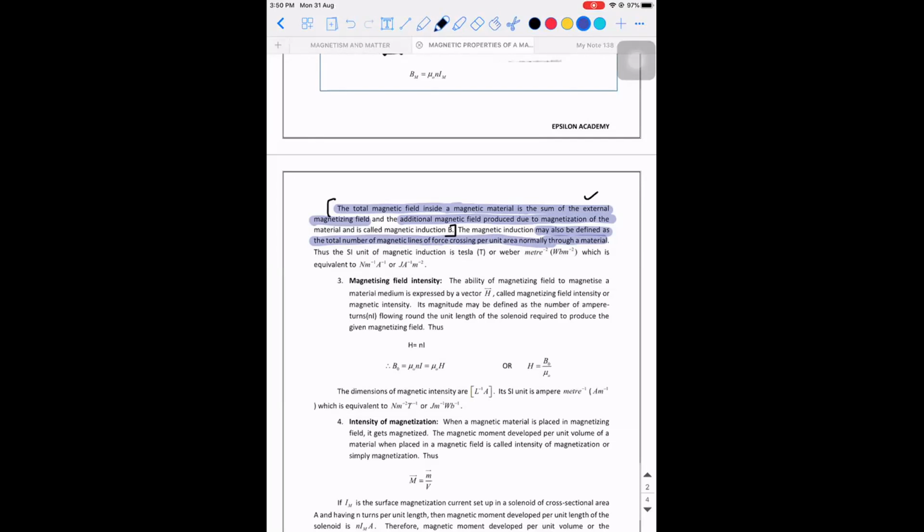That is the reason why the SI unit of magnetic induction is Tesla, because it is the sum of magnetic fields only. Magnetic field is measured in Tesla. But the other unit for Tesla is Weber per meter square. That is nothing but flux per unit area. That's what this alternate definition says.